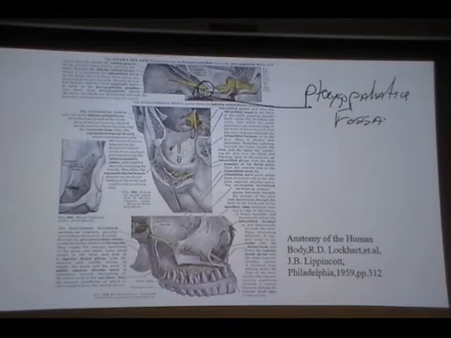Snow White and the pterygopalatine fossa, the seven branches of the pterygopalatine fossa. It's posted on campus. Okay. It's kind of cute, helpful. Yes. Okay, so this is V2. Here's zygomatic. Here's infraorbital.